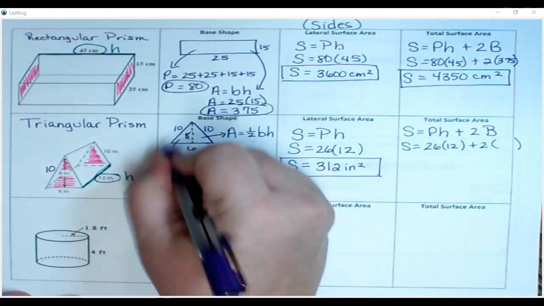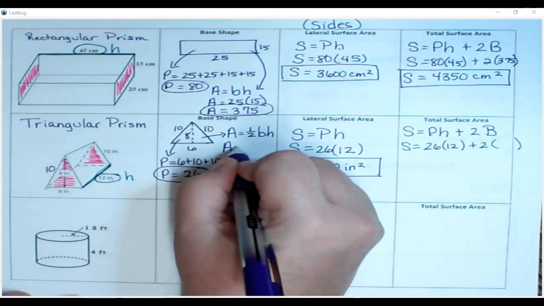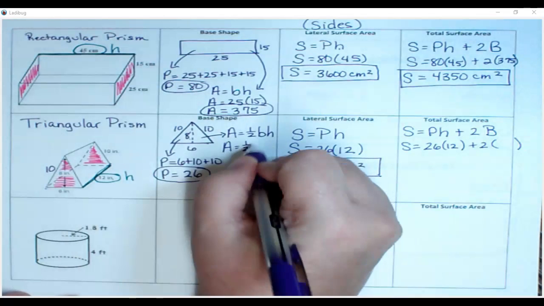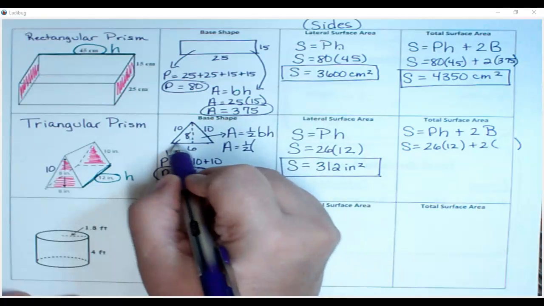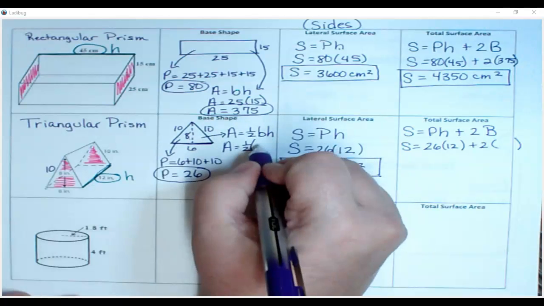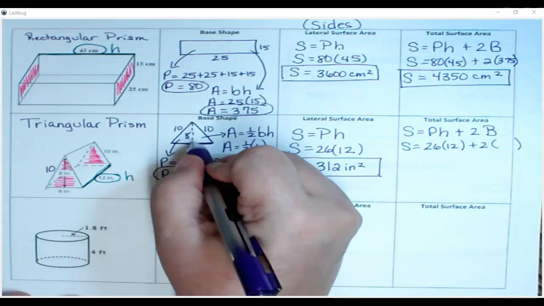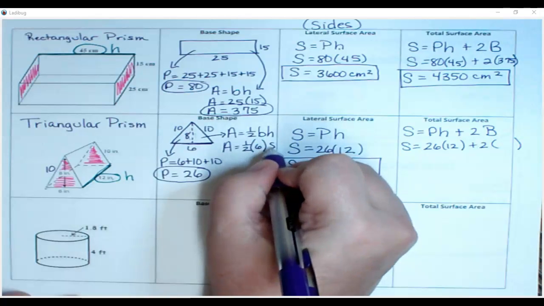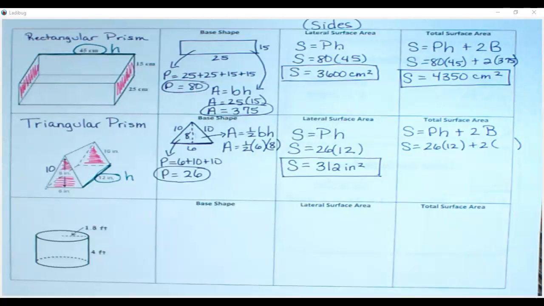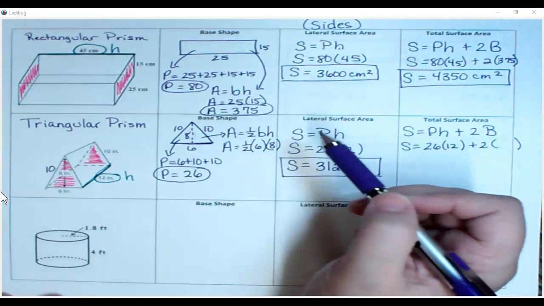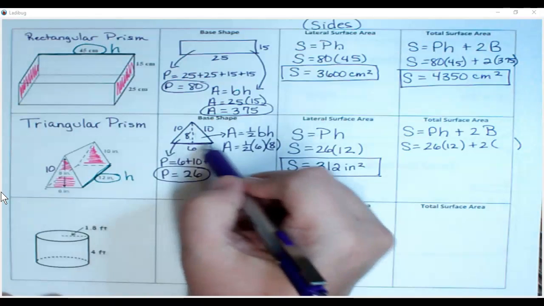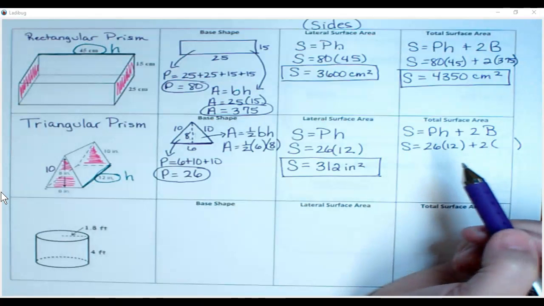So now working with just my triangle dimensions, 1/2. My base is this 6 at the bottom. The height of my triangle is 8. Remember, the height and a base must always be perpendicular.